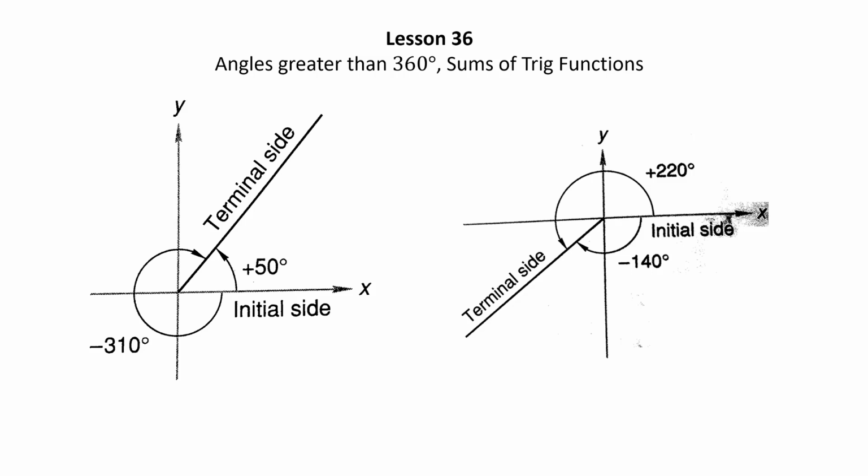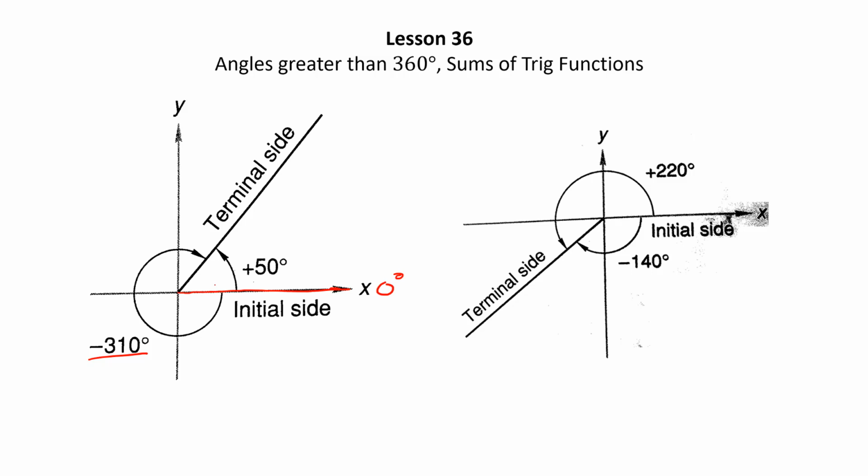Okay, so we're going to talk about angles greater than 360, but first we'll just remember this about when you are finding an angle on the XY plane. So if you want negative 310, that means you're going to go clockwise. Your initial side of your angle is where you are at 0 degrees here on the x-axis. We call that the initial side.